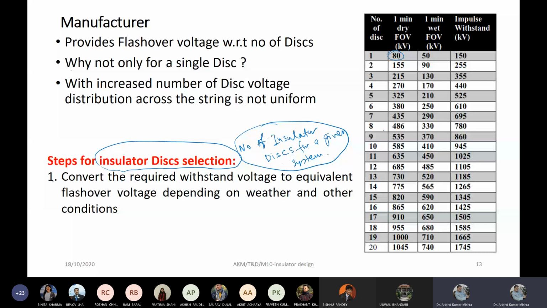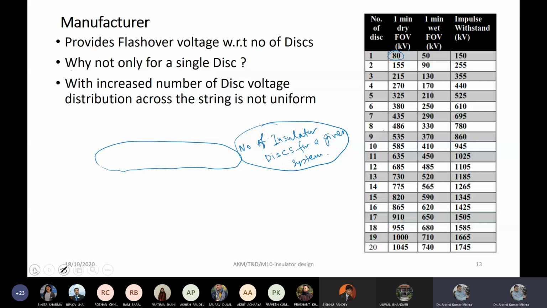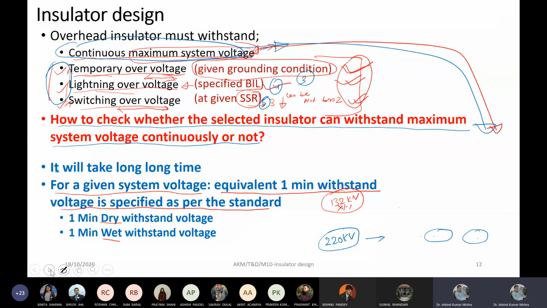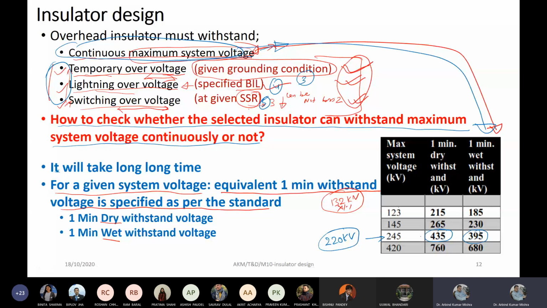First, in the previous slide we discussed that for a given system voltage, I repeat, what should be the withstand voltage for 1 minute dry and 1 minute wet, representing continuous system voltage.